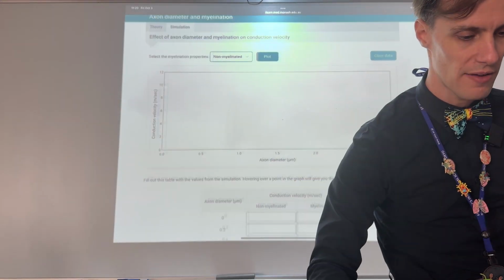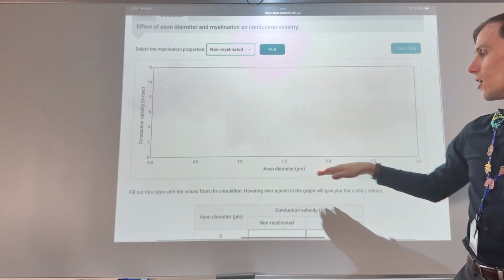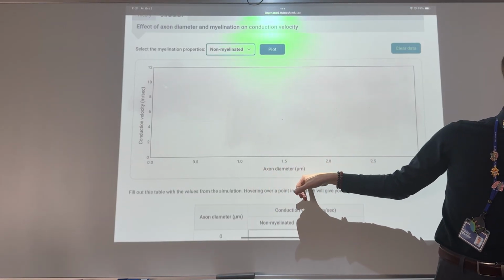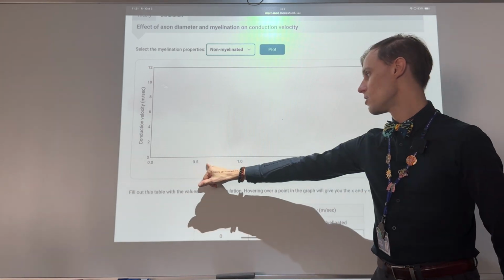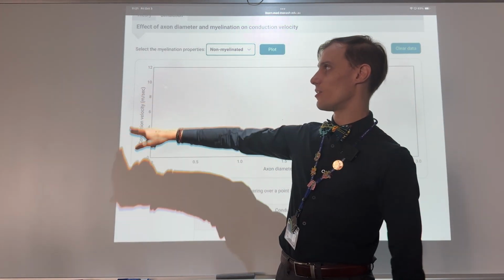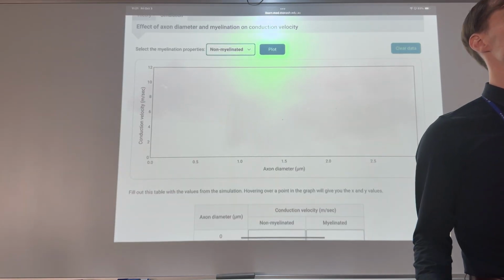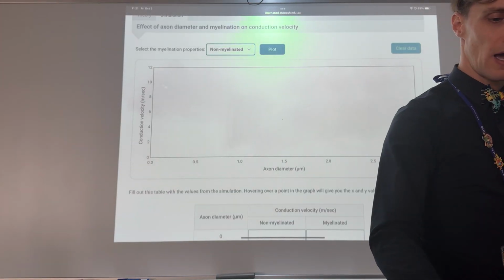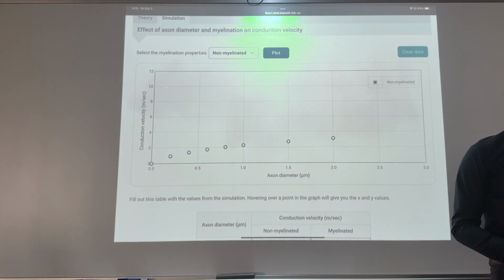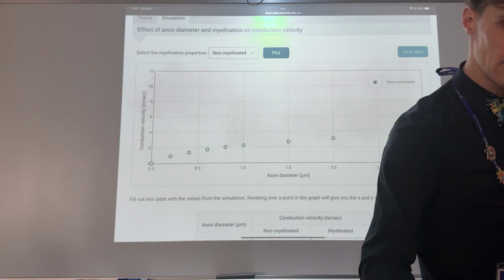So here in the graph, on the x-axis is the axon diameter, and that's in micrometers. So we're going real small here, right? And then here I have the velocity, which would be in meters per second. So I'm going to plot non-myelinated. There's my non-myelinated, and now I'm going to select myelinated.